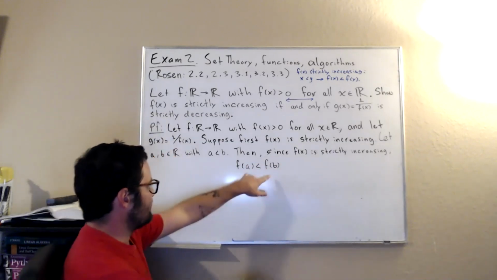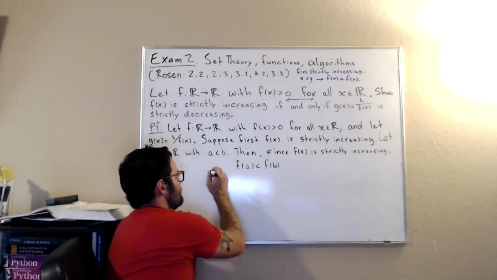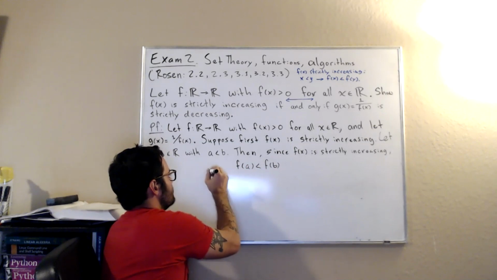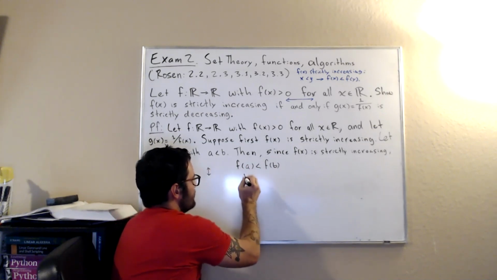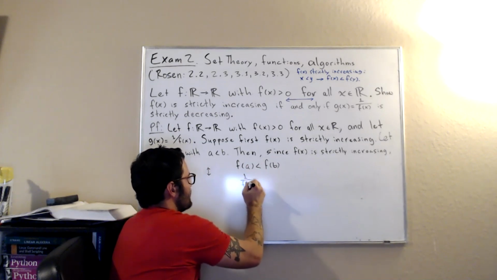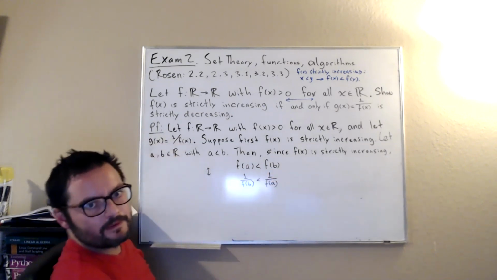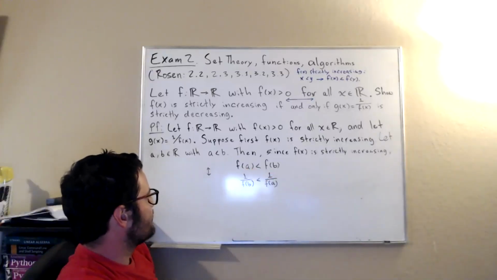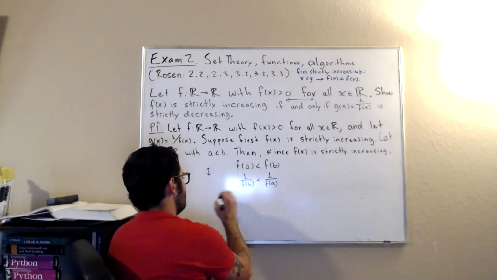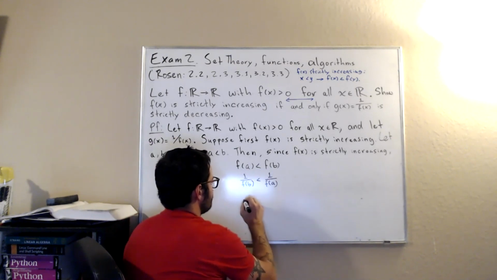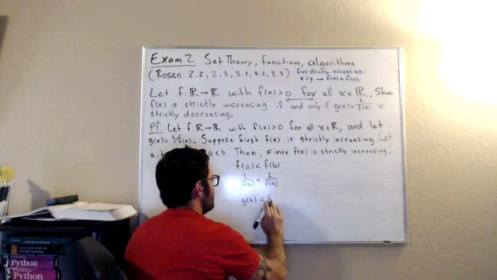If this is true, then this means that 1 over f of b is strictly less than 1 over f of a, right? Just divide both sides by f of a and by f of b, and you get that right there. But this is the same thing as saying g of b is strictly less than g of a.